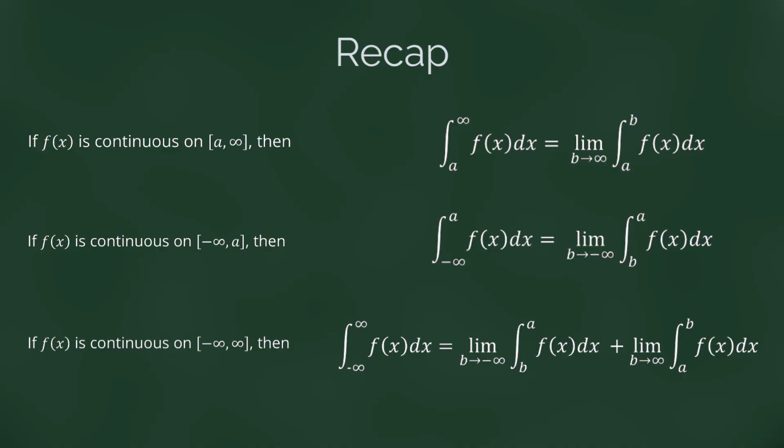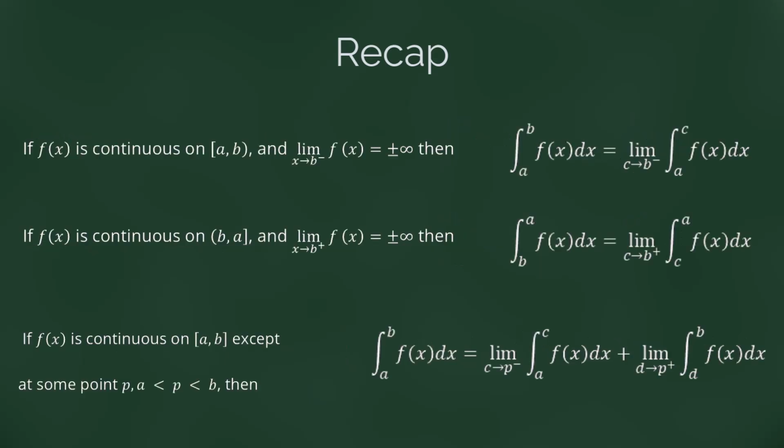We'll finish with a recap of some of the main ideas we saw. First, we have the definitions of our improper integrals over infinite intervals. And there are 3 ways we can think about those. Then we have the definitions of our type 2 improper integrals, where the function becomes unbounded at some point on the interval, once again defining each of those in terms of a limit over that interval.